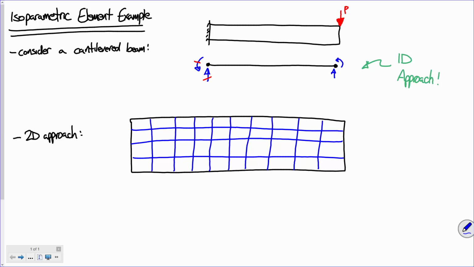So on each one of these nodes, we'd have something like that. And then on this node, apply a vertical load P. So this would be a two-dimensional approach, actually having planar two-dimensional elements instead of line elements.